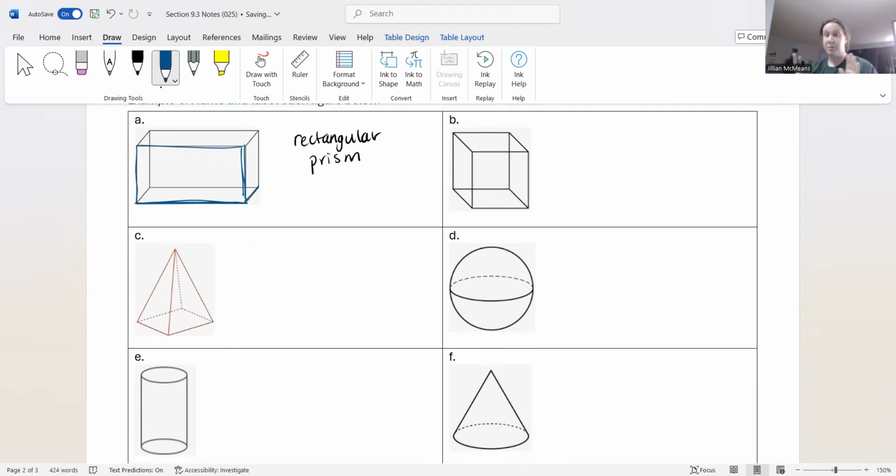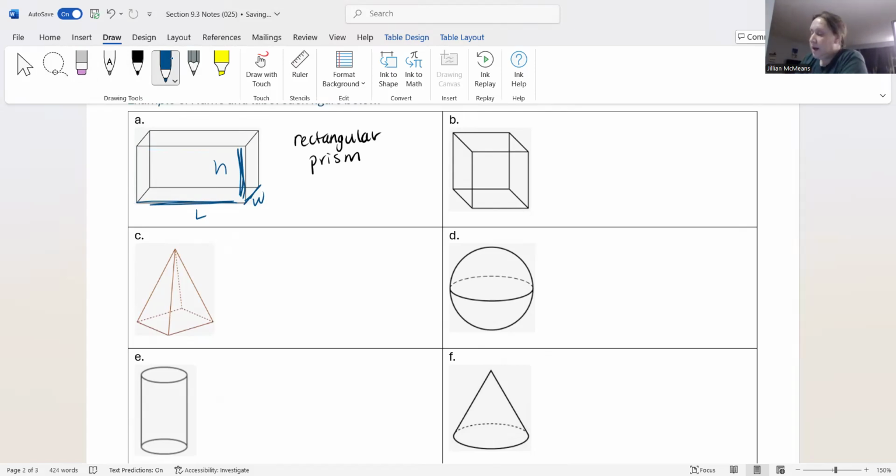Imagine a 3D printer that makes the face of this rectangle and then keeps building it up. So we no longer just have length and width. We now have this idea of depth. You'll sometimes call it length, width, and height. It depends on what you want to name it. So you could name this length, width, and then think of this as height. Now there are three dimensions that we're dealing with.